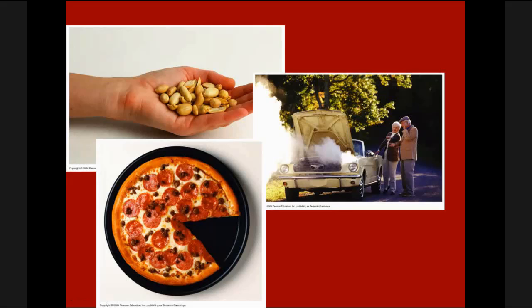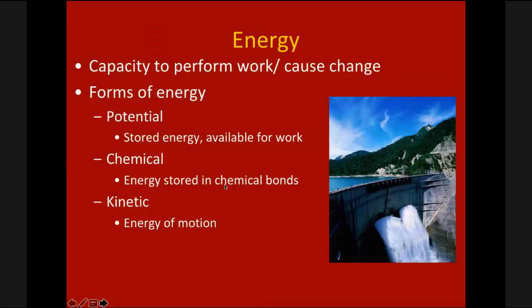And as we break the chemical bonds, we release energy that we can use to cause the work to move that car from one position to another, right? So energy is basically a resource for performing work. It's basically the capacity to cause change or do a job, right?